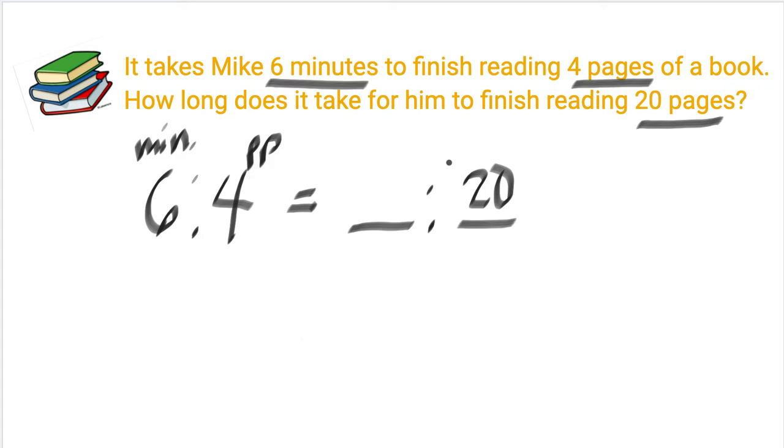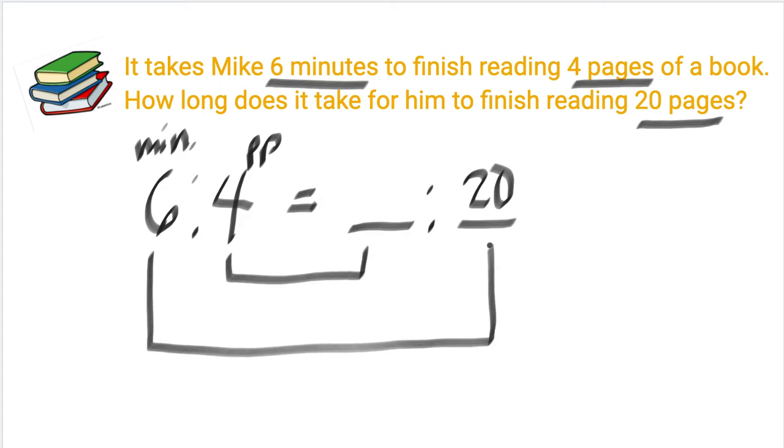Now, after that, try to find out which terms are complete. Are they the numbers inside, the means, or the numbers outside, the extremes? Of course, the complete terms here are in the extremes.